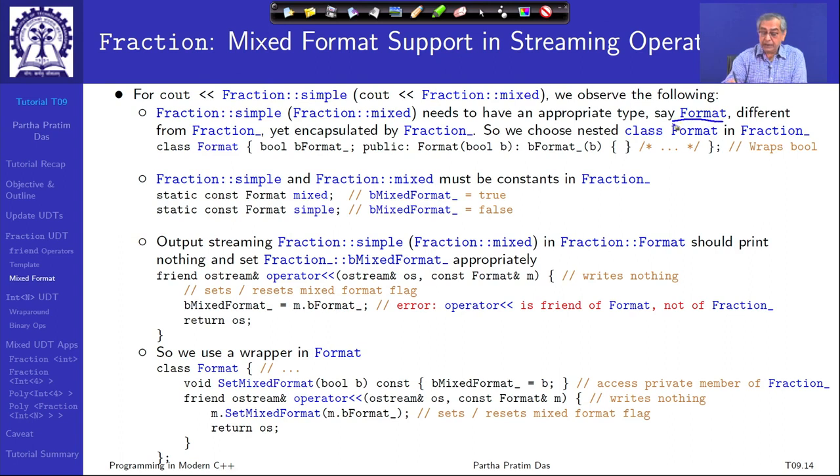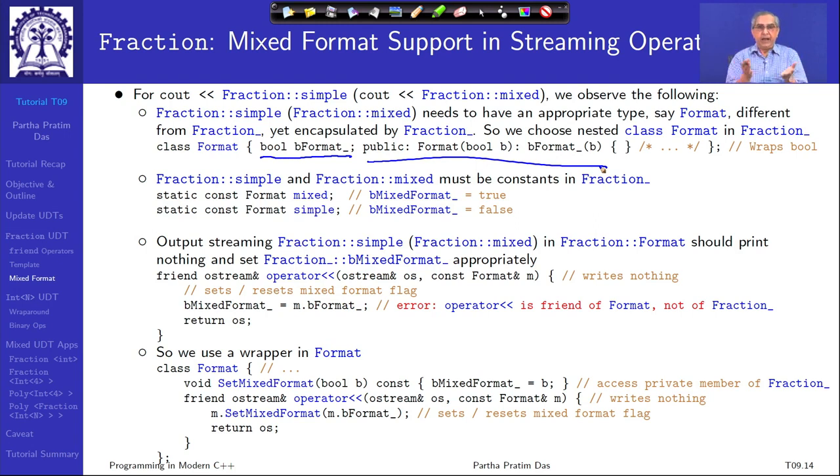So, suppose we have a format type which is encapsulated within fraction. Since it is encapsulated within fraction, we choose to make this class a nested class within fraction. So, it will be totally within fraction, it will not clutter anything outside. In that format class, we will have a bool flag and a constructor to set that bool flag for the object.